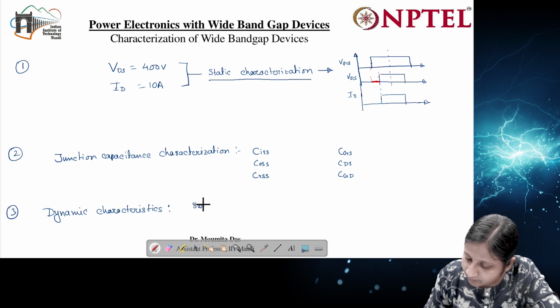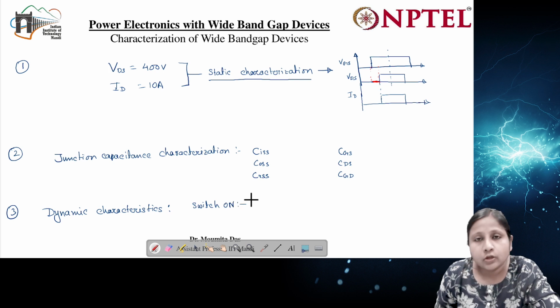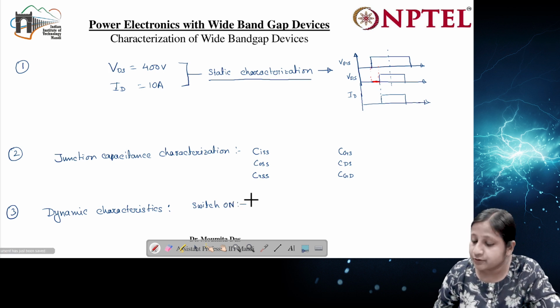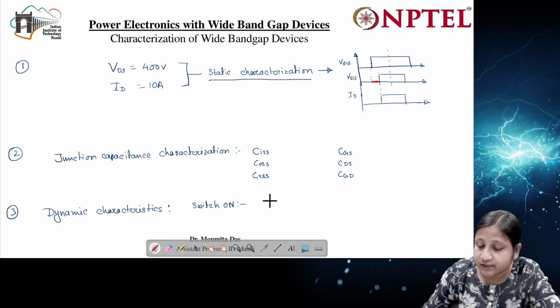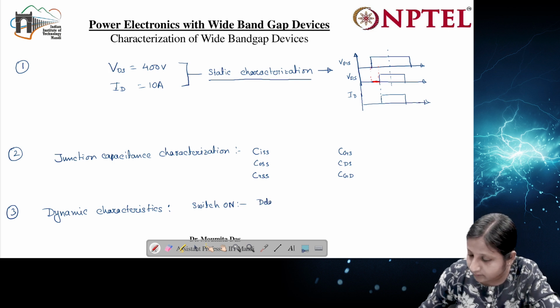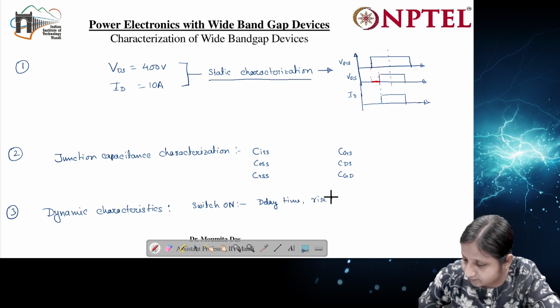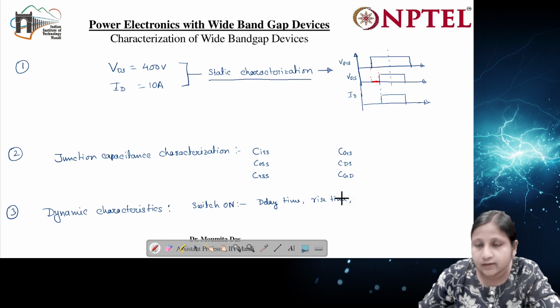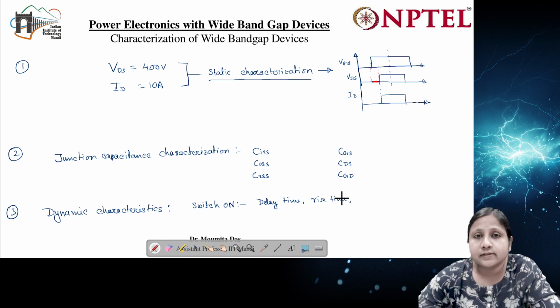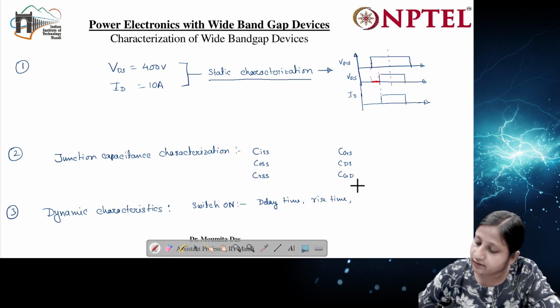during the switch on condition, it will tell us about the delay time during turn on, rise time, and then what are the other things? It will also tell us about the di/dt and the dv/dt.